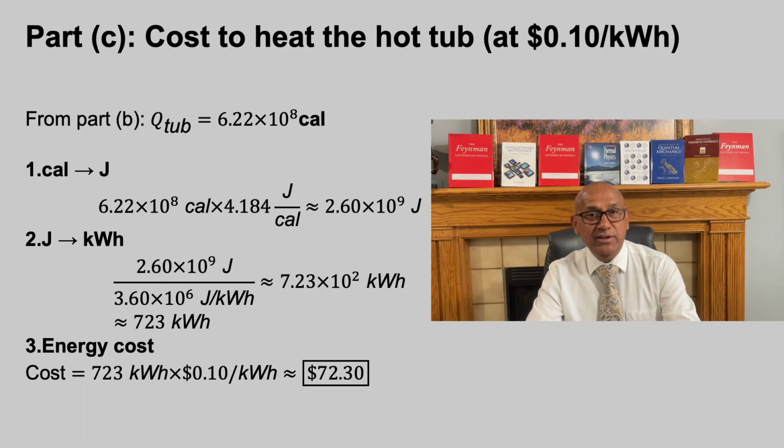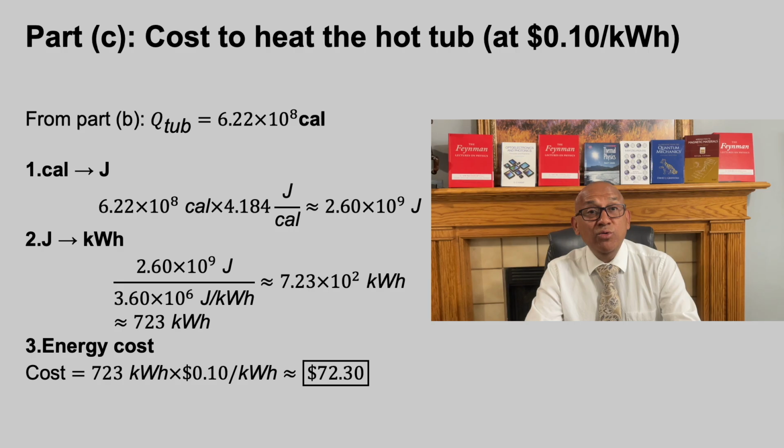Now on to part C, which is how much would this energy cost at 10 cents per kilowatt hour. From part B, we know the hot tub energy is 6.22 times 10 to the 8 calories. So to solve this problem, in step 1, convert calories to joules simply by multiplying by 4.184 joules per calorie.